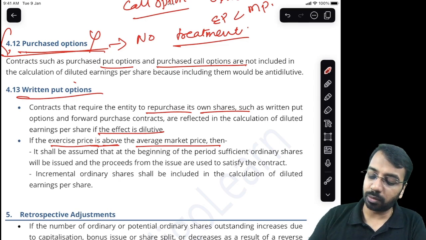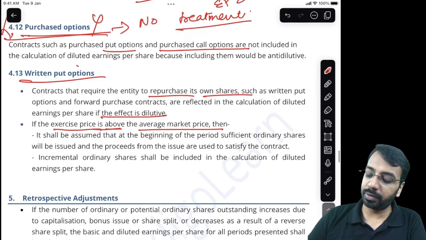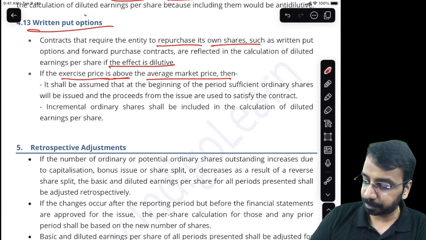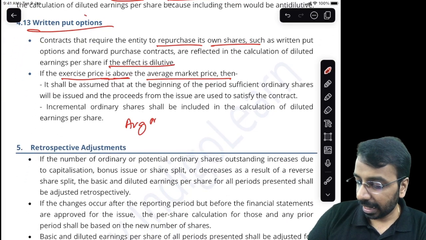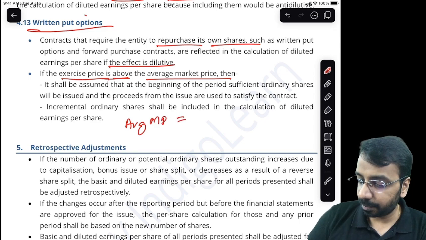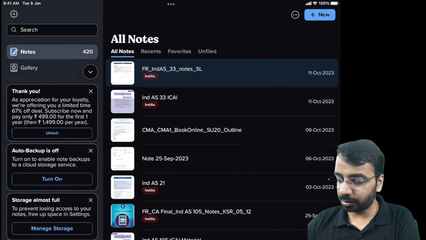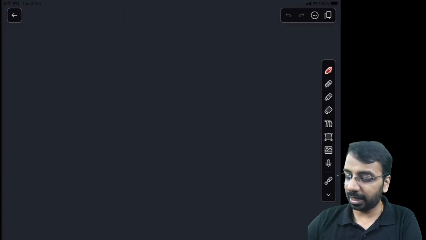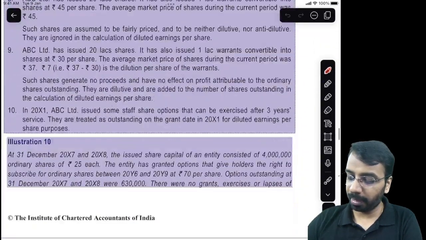Now, how to calculate this? I'll take the example in the institute itself instead of constructing, because sometimes calculation becomes tricky.